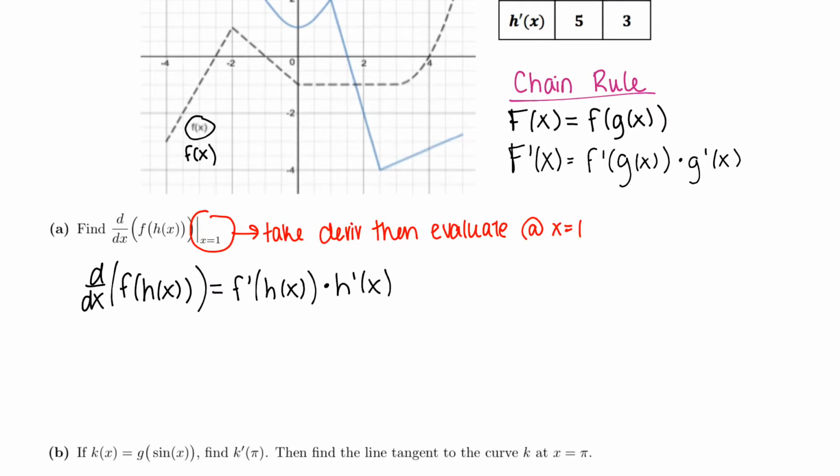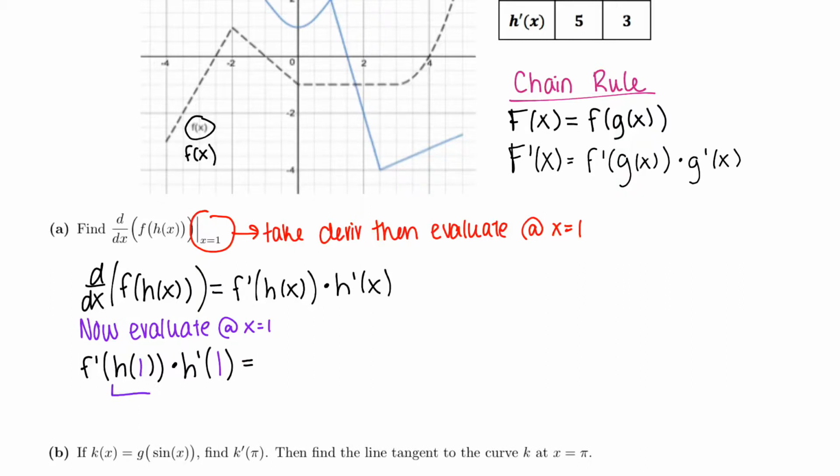If we're evaluating at 1, we would have f prime of h of 1 times h prime of 1. So we're just replacing the x's with 1s.